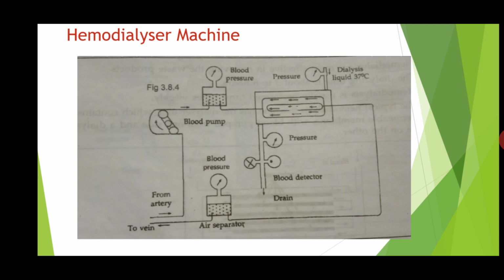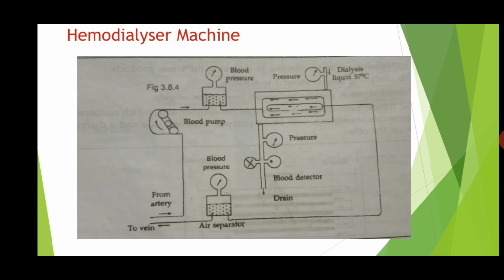So from the artery the blood is taken by the blood pump. Whenever we are taking the blood with the blood pump, the pressure is monitored. With that pressure only we should take the blood from the body. Then this blood passes to the planar sheets of the membrane.